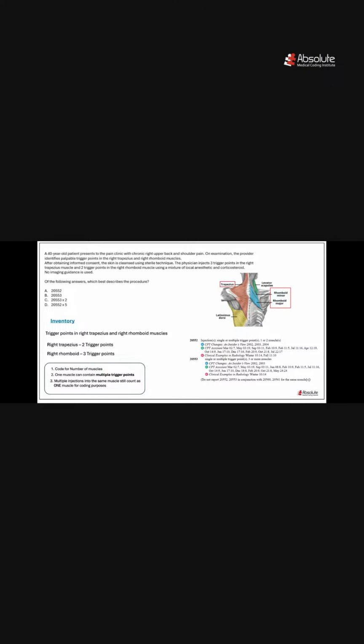Guideline number two, one muscle can contain multiple trigger points. As you can see, it's clear from this scenario. Multiple injections into the same muscle still count as one muscle for coding purposes, right?